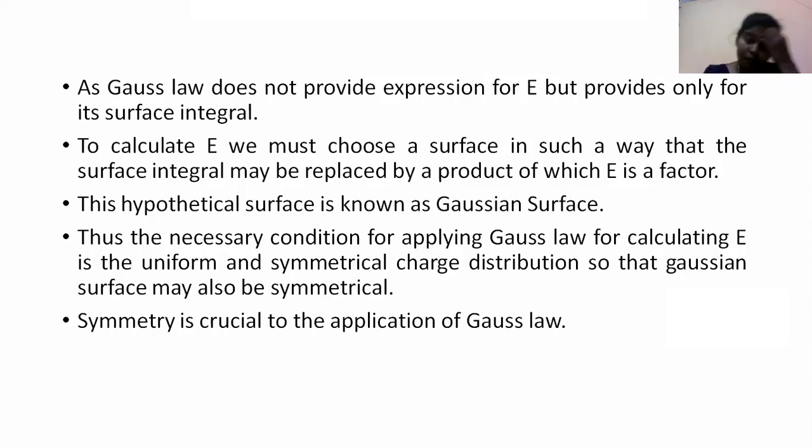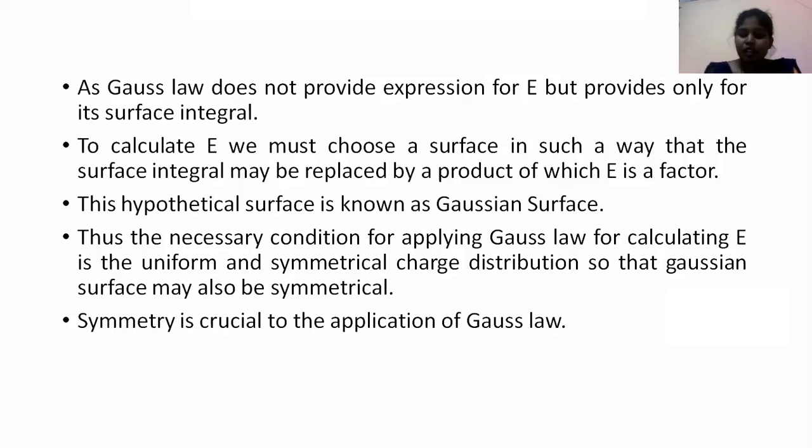And when symmetry permits, it affords by far the quickest and easiest way of computing electric fields. So whenever there is symmetry in the charge distribution, it's very easy to calculate the electric field. That's why we say that symmetry is very crucial to the application of Gauss. It makes our life easy when there is symmetry within the charge distribution.